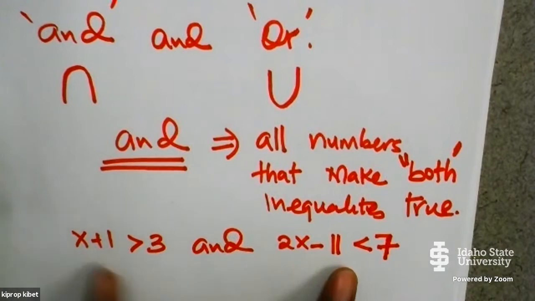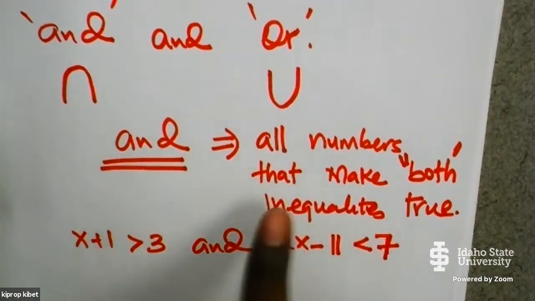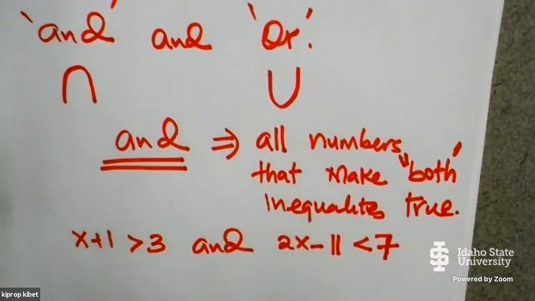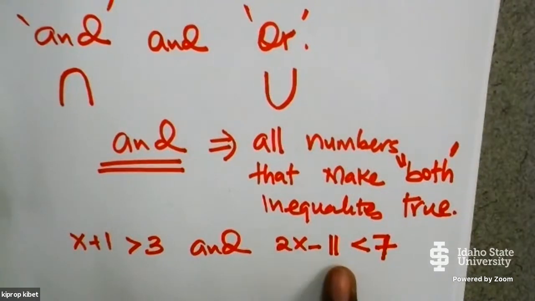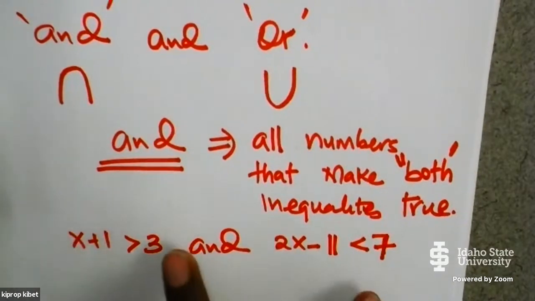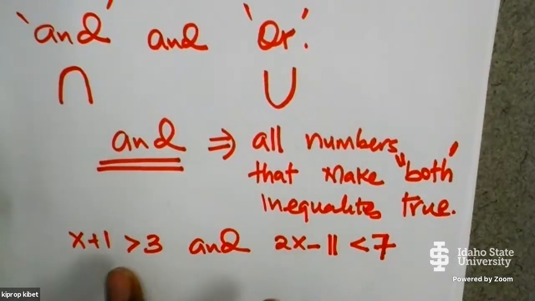So all numbers that make both inequalities true. Anything that you choose in this inequality should also be satisfied by this one, for it to be true.